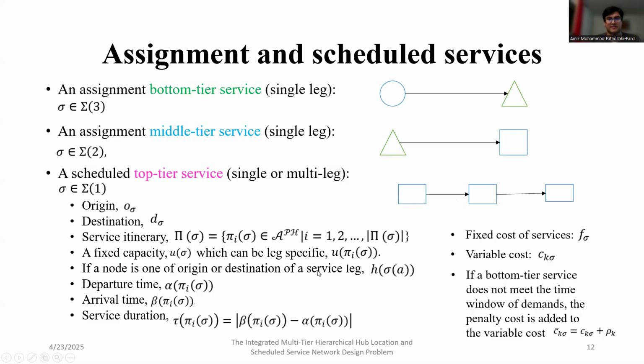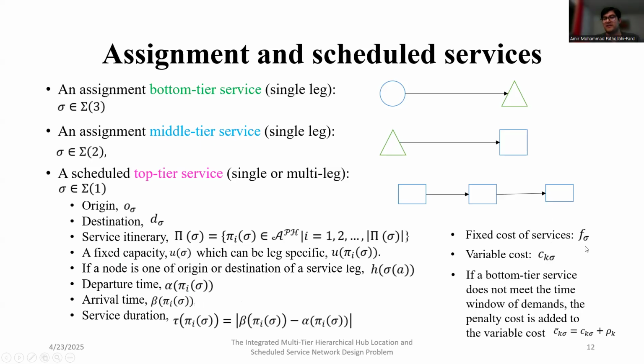So we have some definitions: there is a departure time for a service that shows when this service starts its journey from the origin, and there is also an arrival time to show when a service arrives at the destination. And the service duration is defined by the difference between the arrival time and departure time.